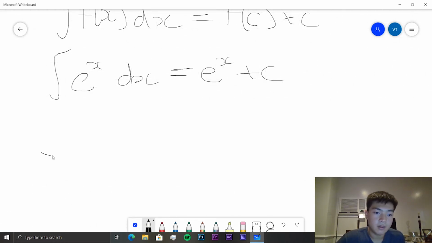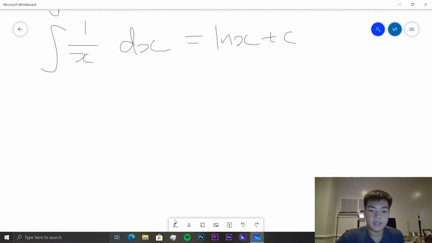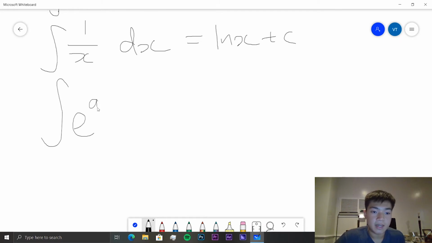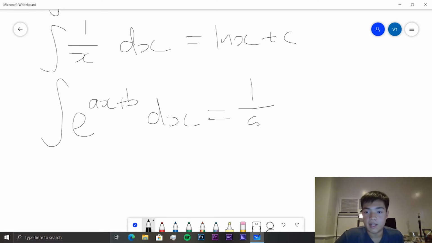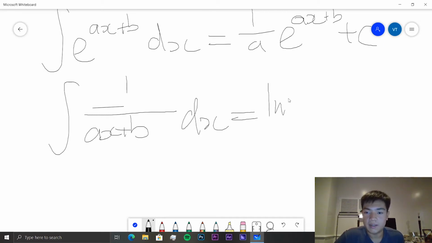We have 1 over x dx is equal to ln x plus c. We have e to the ax plus b dx is equal to 1 over a e to the ax plus b, plus c. And then we have 1 over ax plus b dx is equal to 1 over a, ln of ax plus b, plus c.